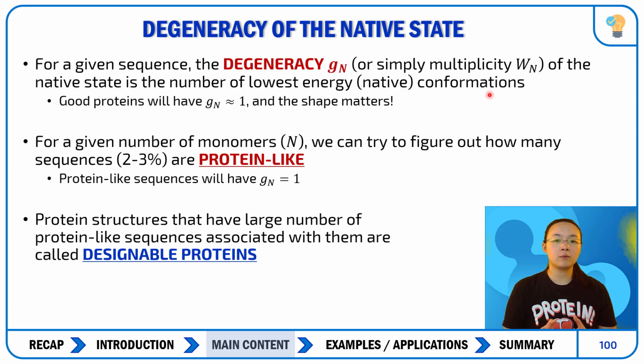Protein-like sequences will then have a degeneracy of 1. So those proteins that have a huge number of protein-like sequences are called highly designable proteins because it gives us many options to design different sequences with similar properties to the actual proteins we're trying to create.